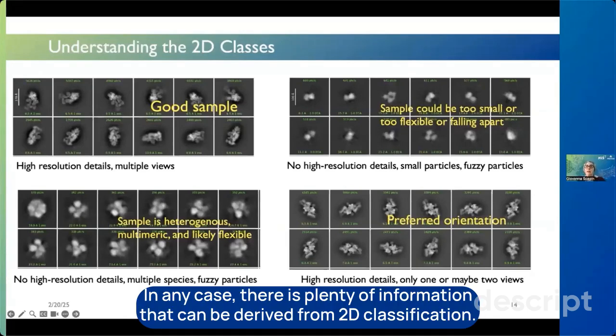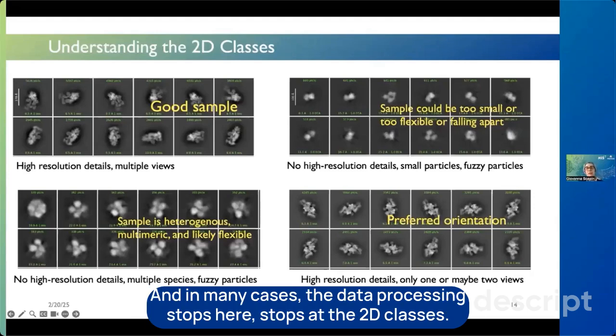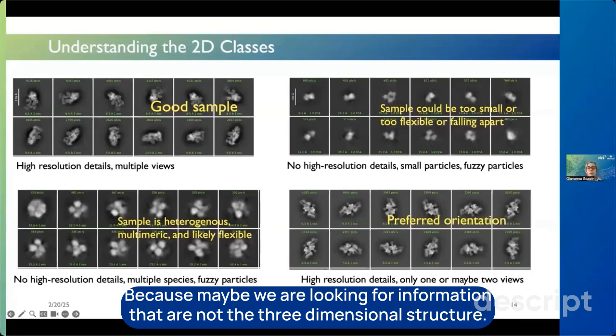In any case, there is plenty of information that can be derived from 2D classification. And in many cases, the data processing stops here, at the 2D classes, because maybe we are looking for information that is not the three-dimensional structure.